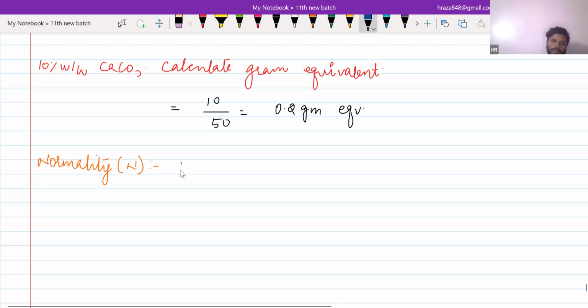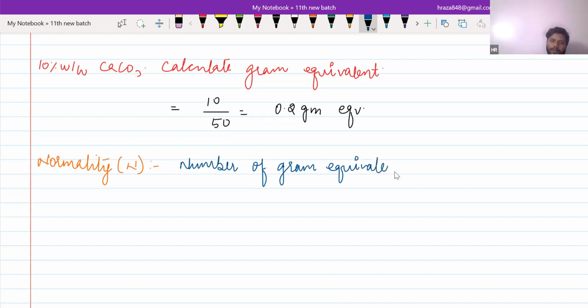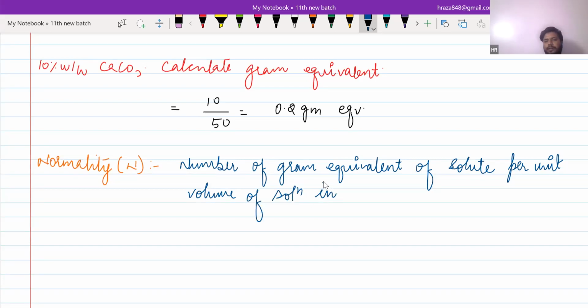Normality is basically the number of gram equivalent of solute per unit volume of solution in liter. Molarity and normality have only one difference: in normality we talk about gram equivalent, but in molarity we talk about mole. Yes or no?